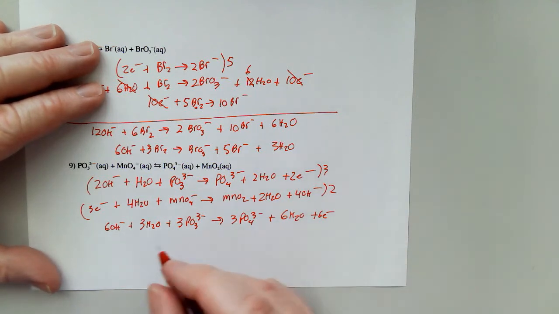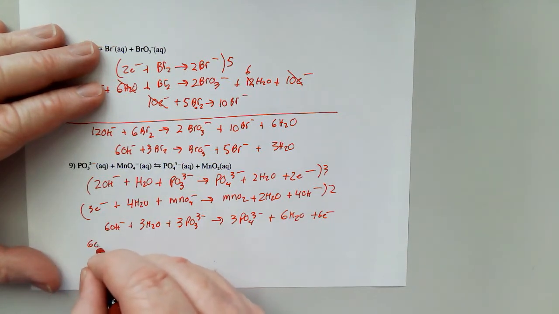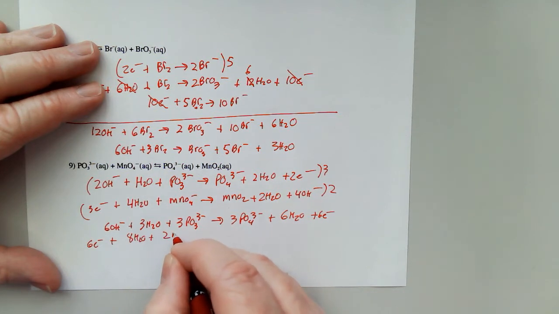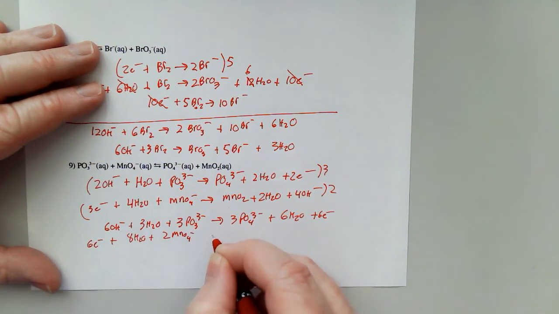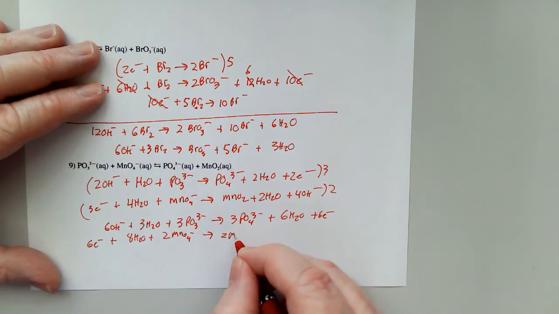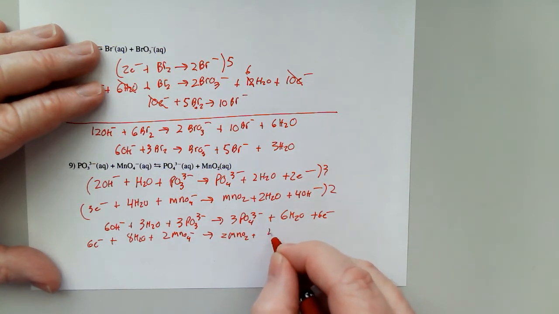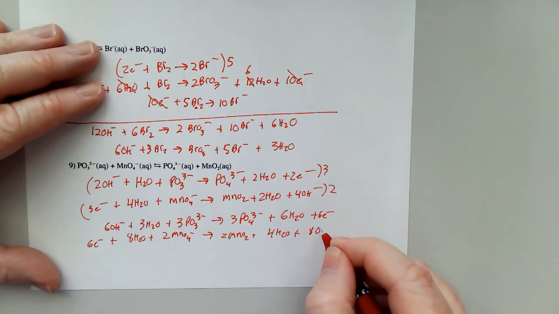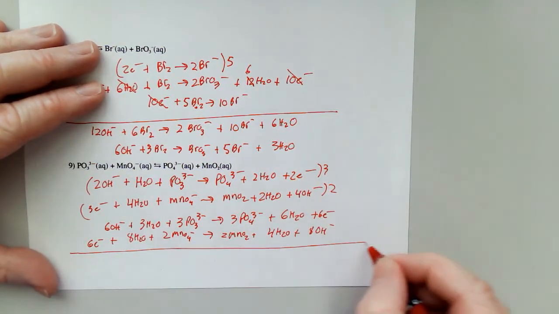For the next one, 2 times 3 is 6 electrons plus 8 waters plus 2 MnO4 minus to give me 2 MnO2, 4 waters, and 2 times 4 is 8 hydroxides.